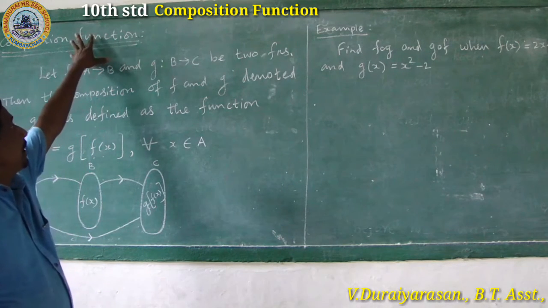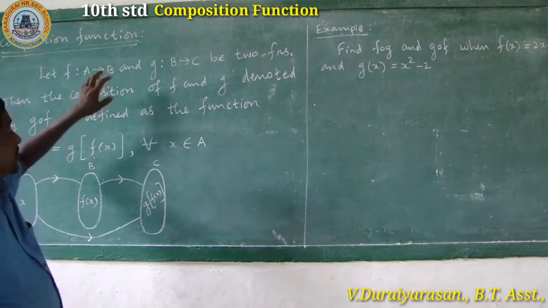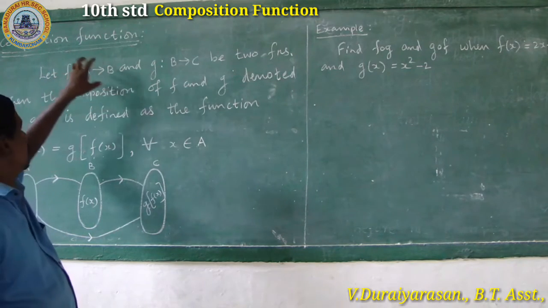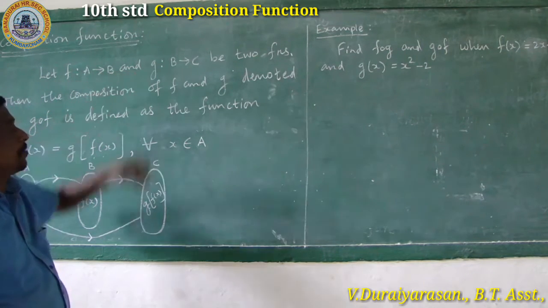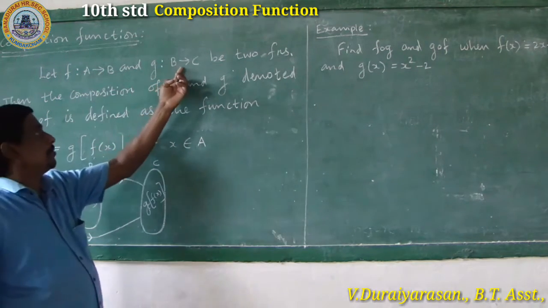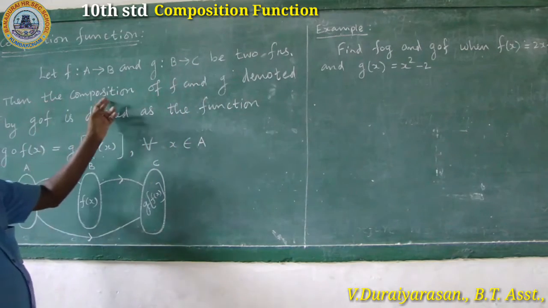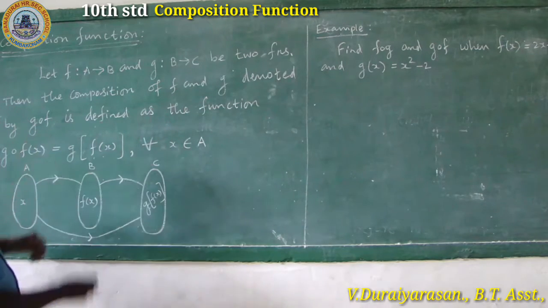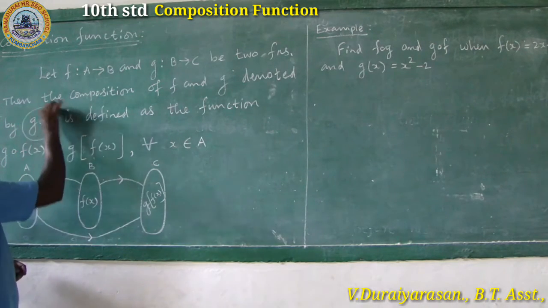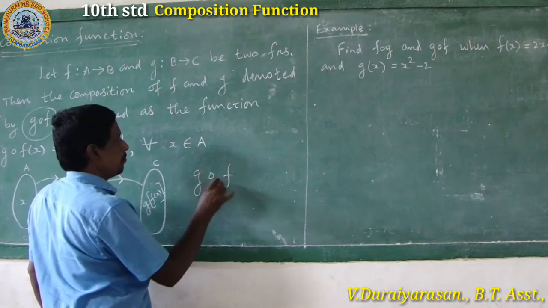What do you mean by composition of function? First of all, consider two functions, f from A to B and g from B to C. Then the composition of f and g is denoted by g composite f.